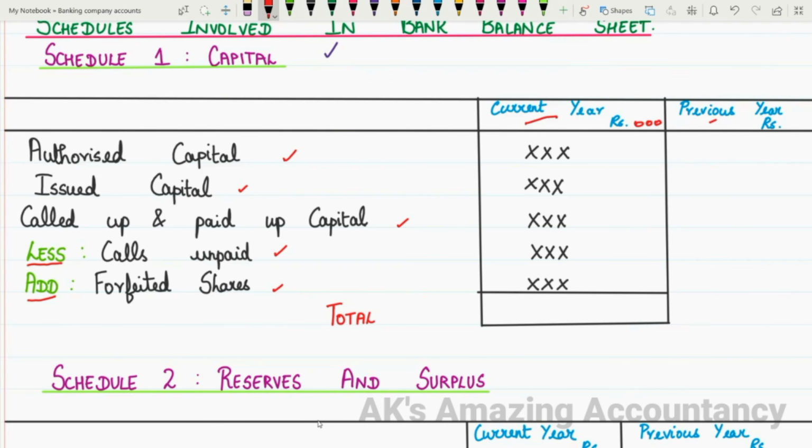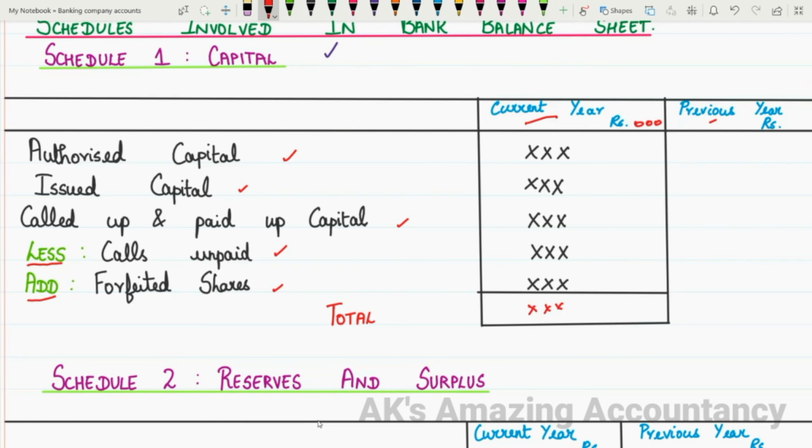Likewise, if you are given information about authorized capital and issued capital, you will be entering all this separately. But in most of the problems, you will be simply given capital so much, and that amount will be shown under Schedule 1. If this categorization is not available, whatever capital is given in the problem will appear under Schedule 1. Then you will be entering the total.